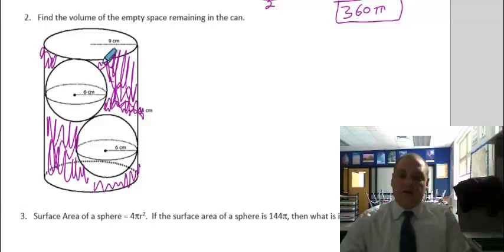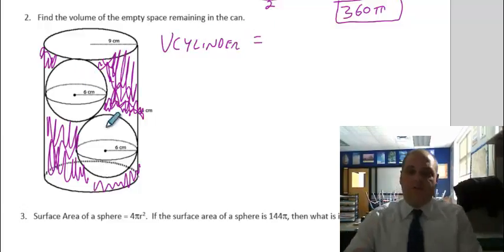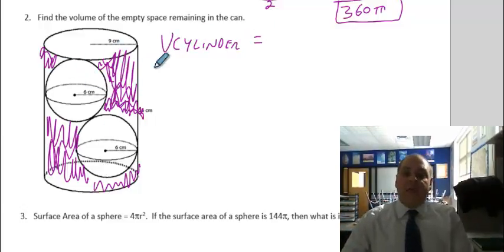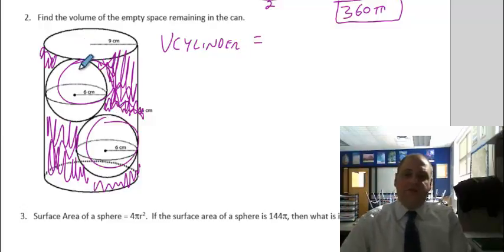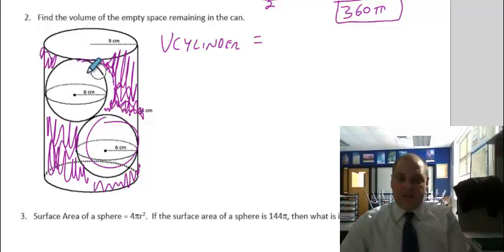So what we want to do is take the volume of the cylinder. It's a can of tennis balls or racket balls, whatever. We take the volume of the cylinder and then subtract the volume of those balls, those spheres.